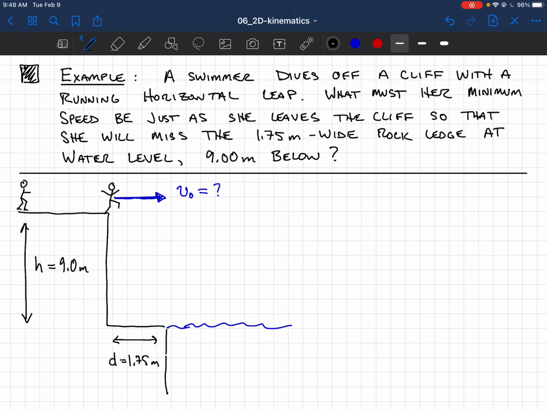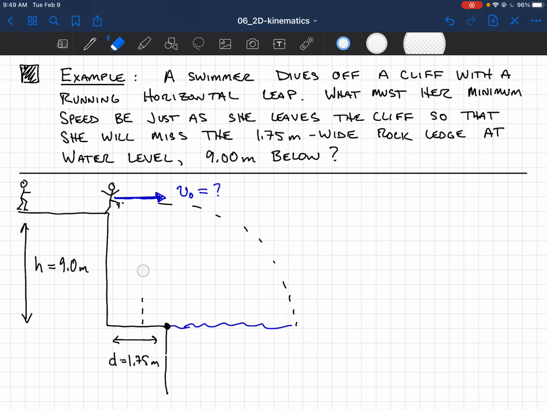So she could have some trajectory that has some initial speed that brings her way out into here and everything is great. She could have an initial velocity that brings her here and everything is not so great. I guess the question is, exactly what is the velocity that would bring her to exactly this point here, where she just misses the cliff ledge.